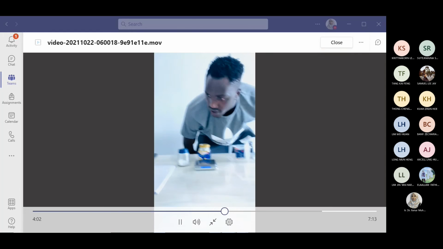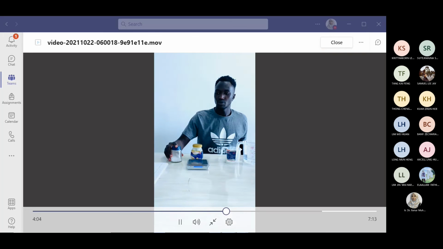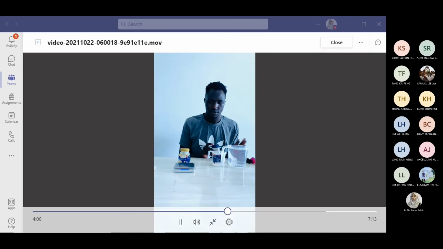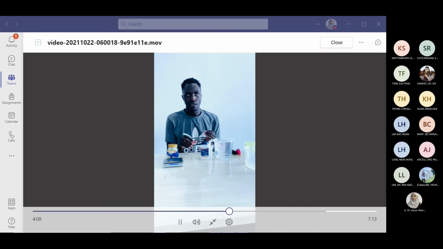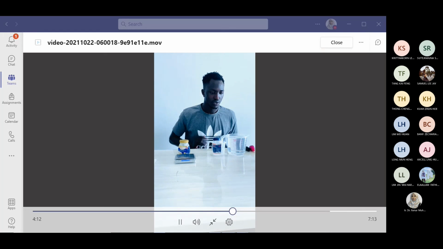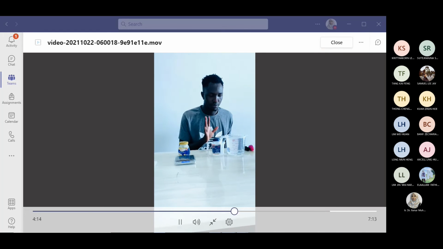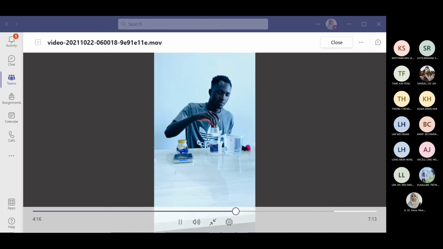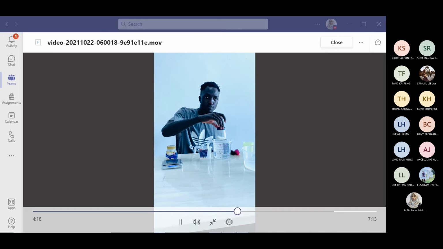So that is the weight. Now for tin 1, we are going to place tin 1 in water, and then we see how much weight it also displaces. So we shall place the whole tin 1 in the water. But you have to place it slowly.